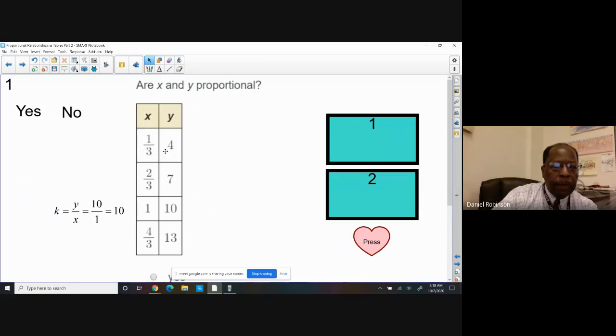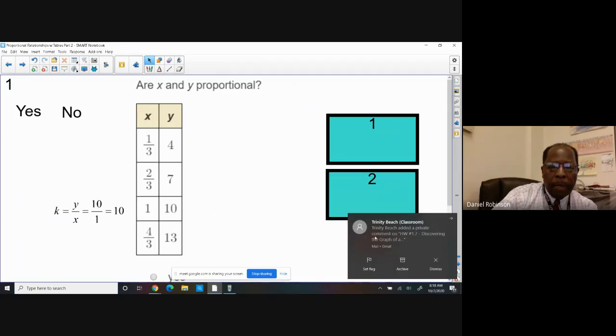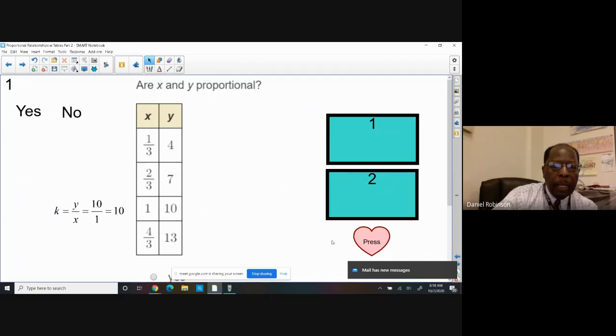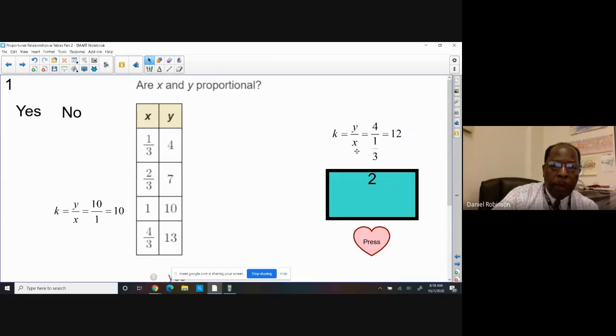Our job is to see if 4 over 1/3, 7 over 2/3, and 13 over 4/3 all equal 10. Remember, if even one doesn't equal 10, then we know it's not proportional. So let's check the first one. 4 is my y value and 1/3 is my x value, which makes a complex fraction.